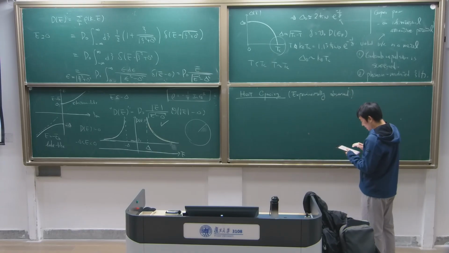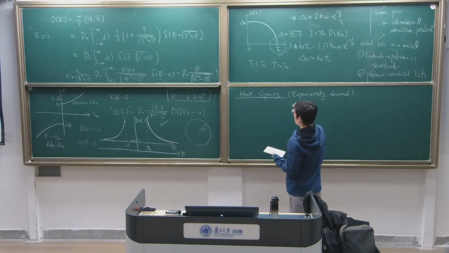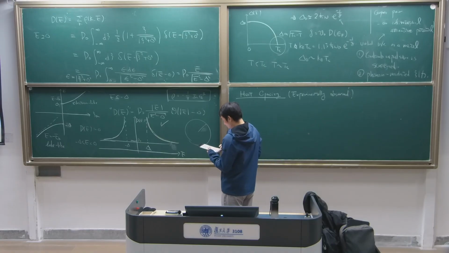I don't remember the year, maybe the beginning of the 20th century. Anyway, this is how the superconducting state looks from the experimental side, and we try to derive this by a detailed theory.